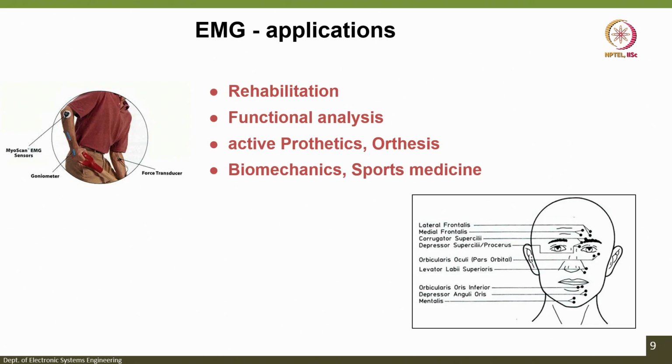But in case of difficulty in muscle movement, because the motor area is affected, this will not happen. But you can measure those changes in the signals with the help of EMG electrodes, and that is why it can be used for rehabilitation applications.